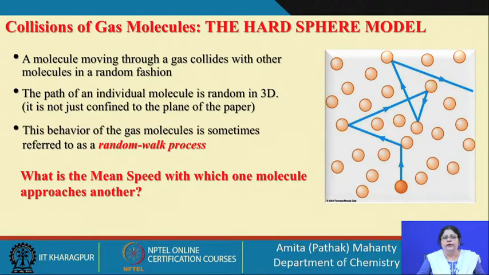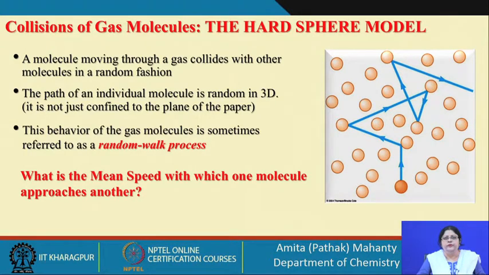So, in the whole process, what we are looking into is the behavior of gas molecules in a random manner, and this sort of behavior is at times called a random walk process. When all molecules are moving randomly, what we would like to know is how the particles behave when they come into contact with each other, or when they interact.